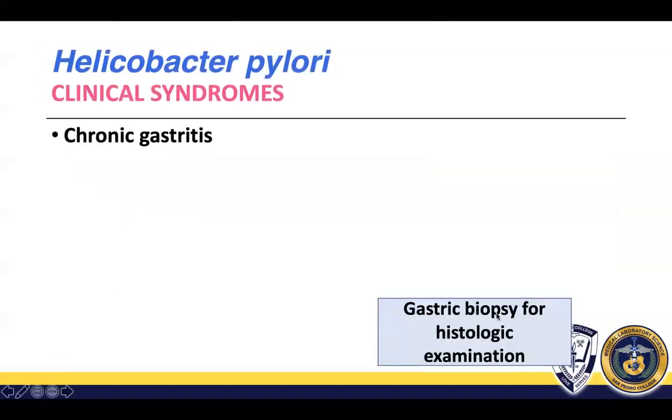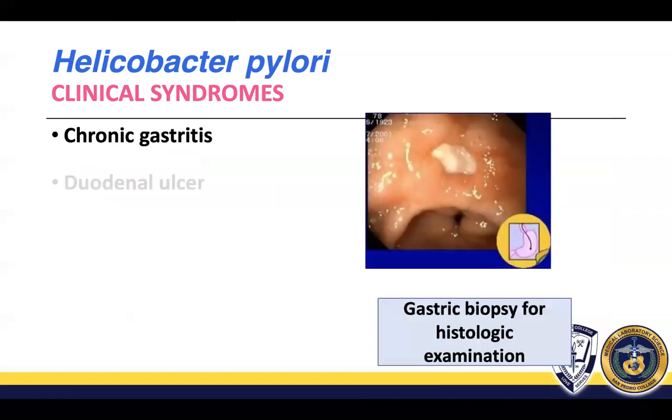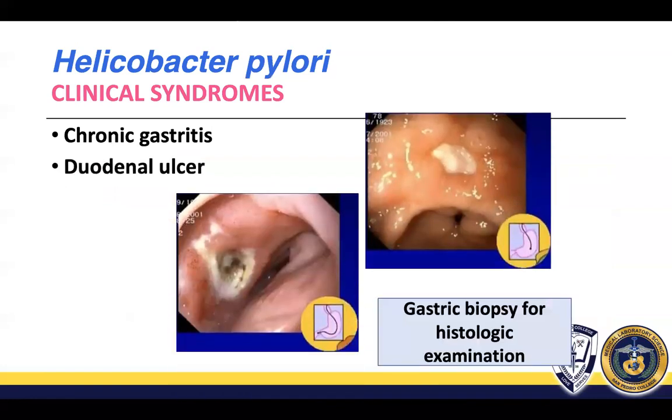So, clinical syndromes. Again, it is usually implicated in chronic gastritis, duodenal ulcers, and peptic ulcers. Normally, the lining of the stomach is wrapped in mucus released by the mucus-secreting cells.